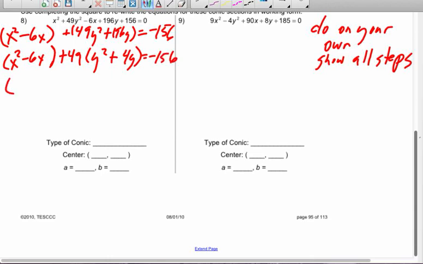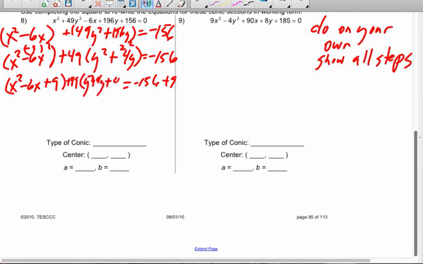So this is a negative 3 squared, so it's going to give me x squared minus 6x plus 9. Okay, then plus 49 times half of that is going to give me y squared, and I'm going to have 2 squared plus 4y plus 4.